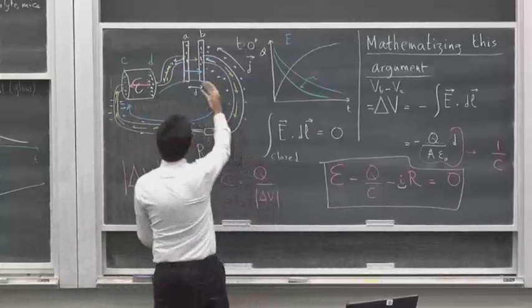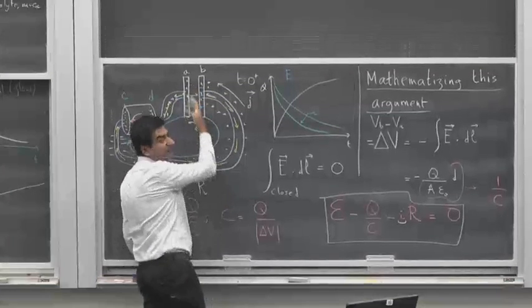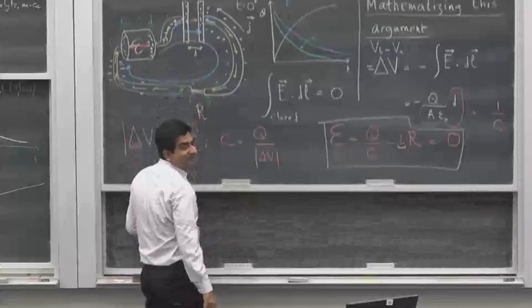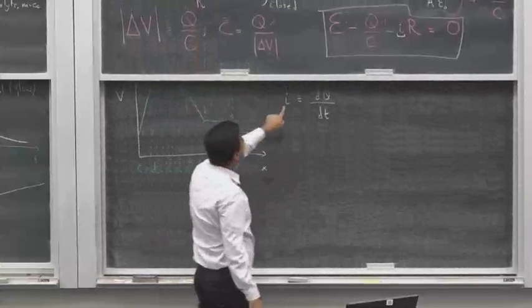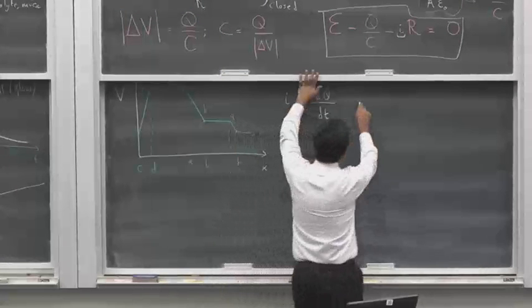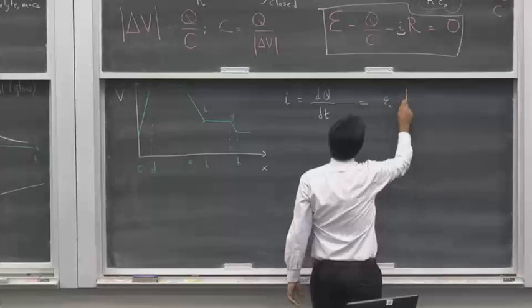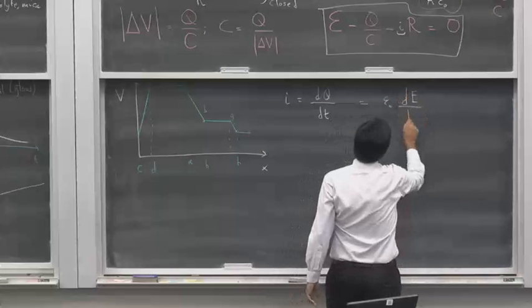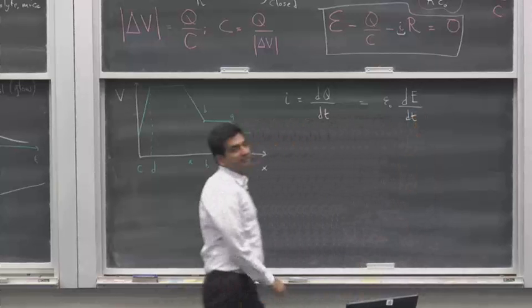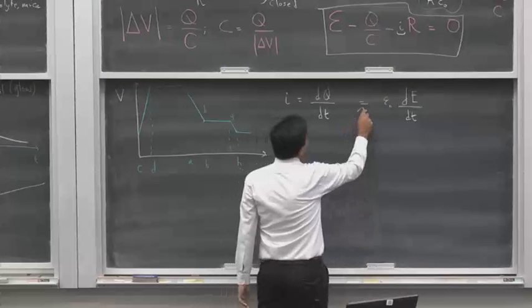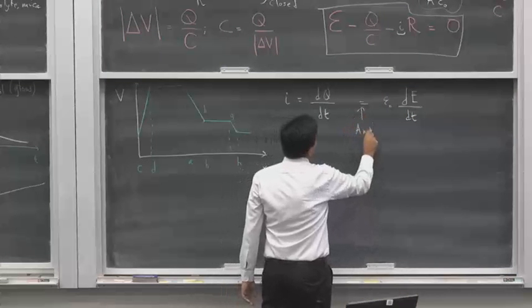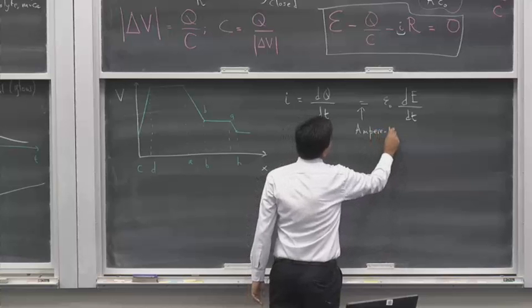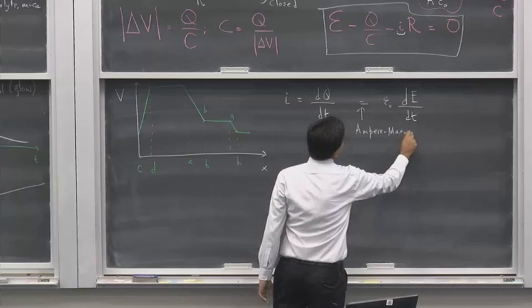So as charge is being built up, the electric field is building up inside the gap. So this I will also be equal to epsilon naught times dE by dt. This comes from Ampere Maxwell's law, from our last class.